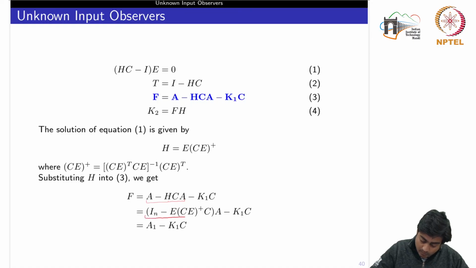Now I substitute this whole part as A1, and so finally this F becomes A1 minus K1C. Okay, so now this equation you would see is pretty much familiar to you.